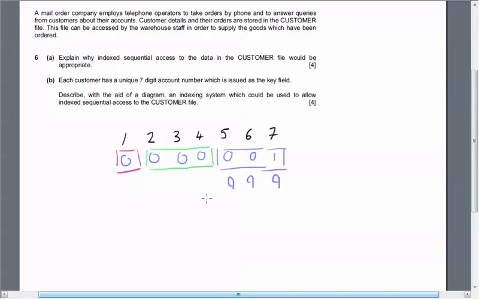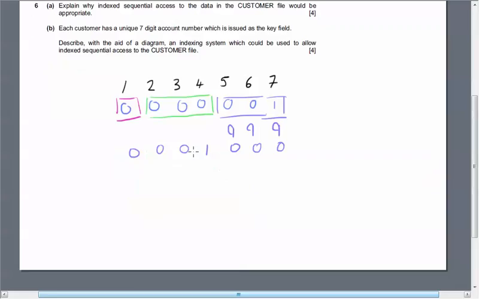So our 1000th record would look like this: 3 zeros from this section and 001 from this section, obviously 0 at the start. So how are we going to represent this as an indexing system to get our 4 marks?